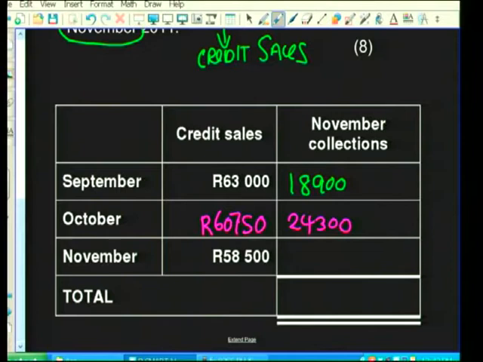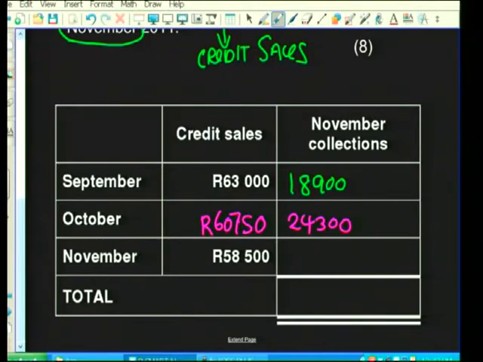Easy, not difficult. Okay, the last month, which is the month of November, and they've given me the credit sales. I don't have to calculate the credit sales. And remember, guys, still just calculating the November collection. If I've sold this on credit in November, what percentage of debtors will pay, or what will I collect in terms of percentage for this month of November?